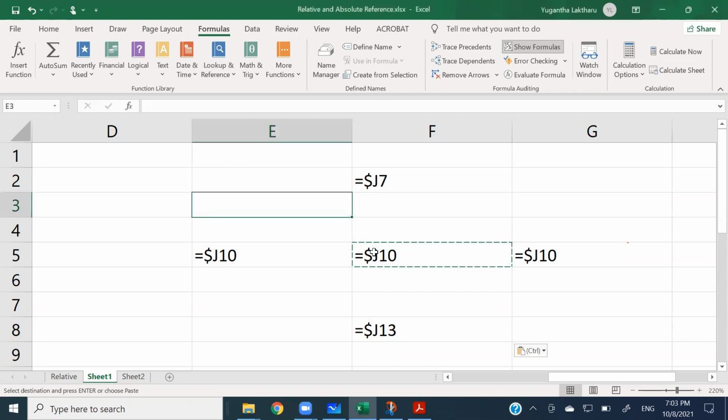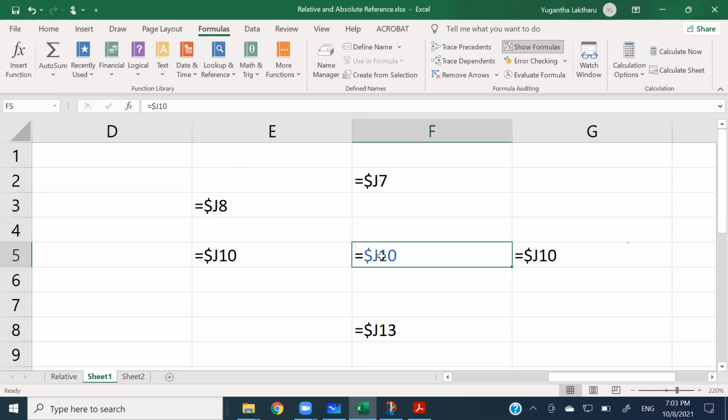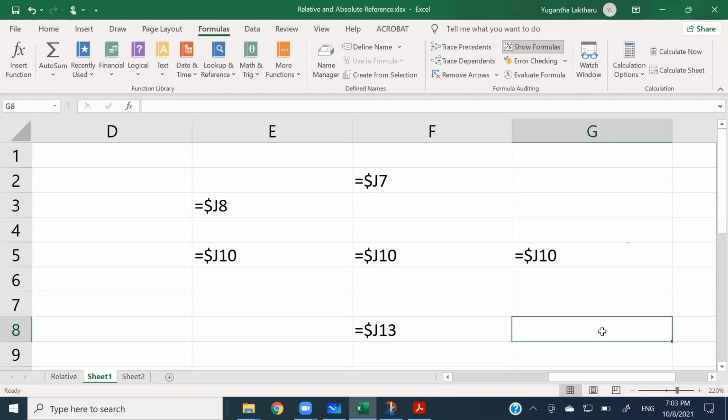Right? When we copy this here, what happens? Equals $J will be as it is, because $J is not going to change at any cost. Right? So it advanced 2 rows upwards. That means 10 is going to be 9 and 8 over here. So it is going to be like that. Right? So what happens if I copy this $J10 over here?